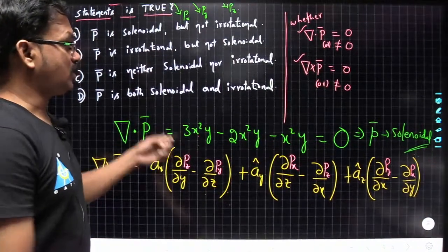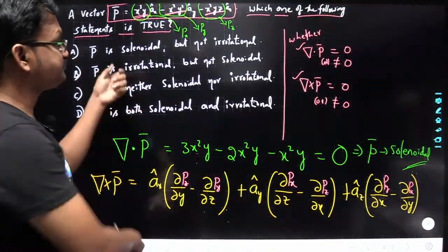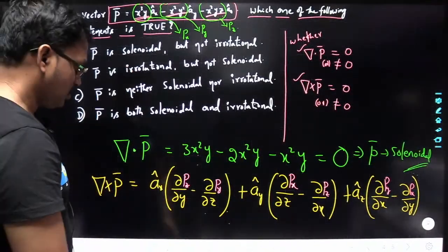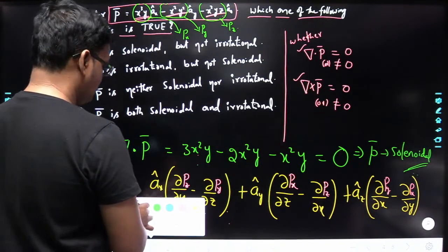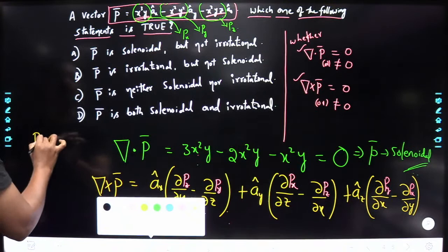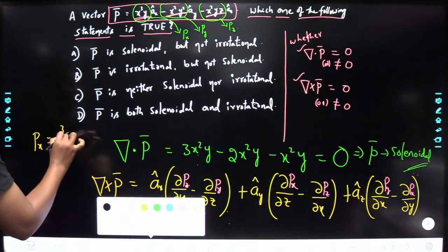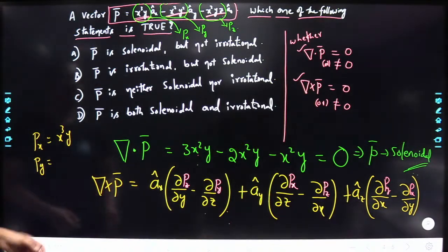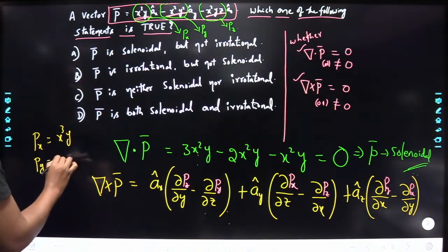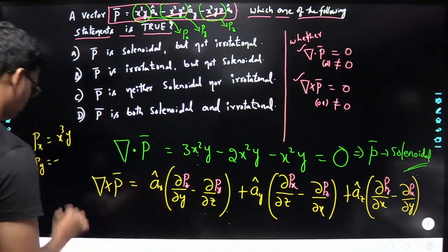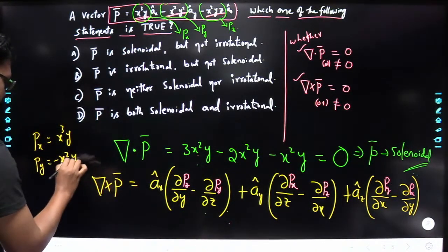Okay, so now see here. Okay, now if you observe here, we are having px is equal to x cube y. Py is equal to minus x square y square.